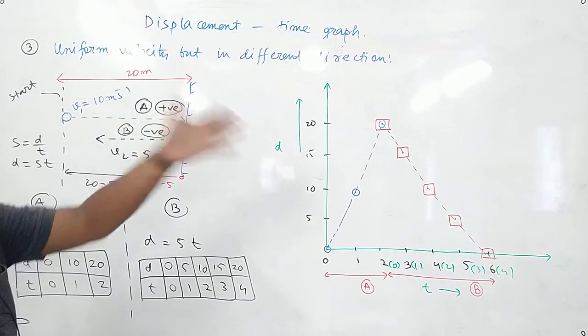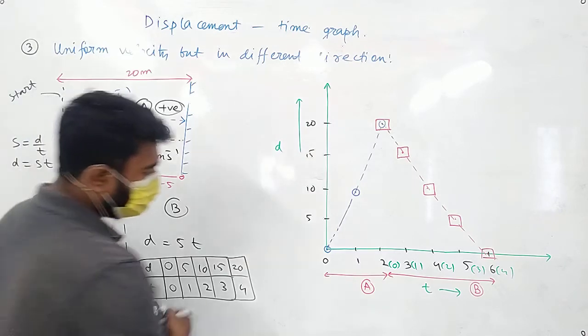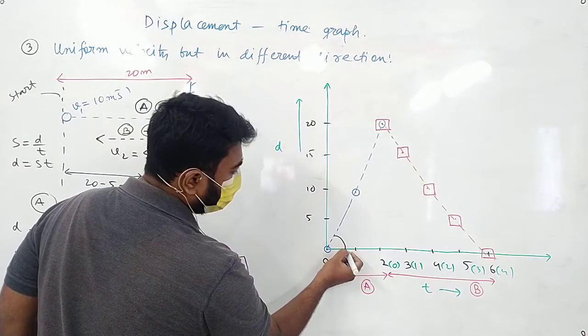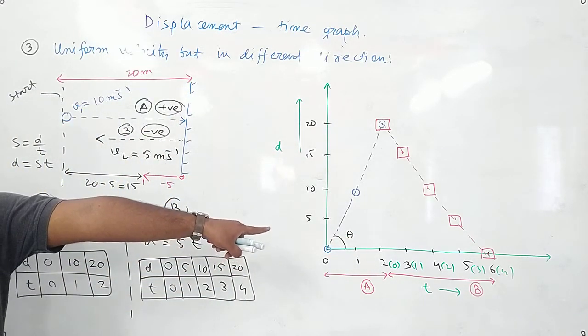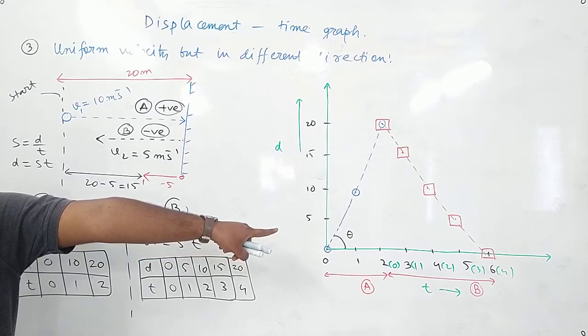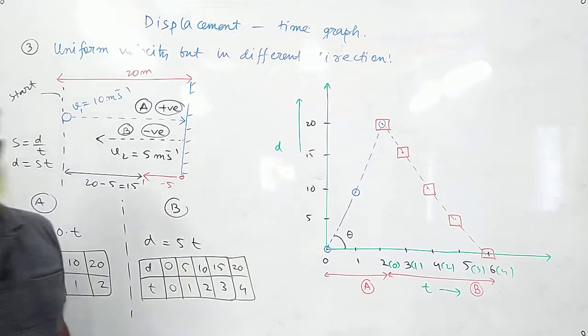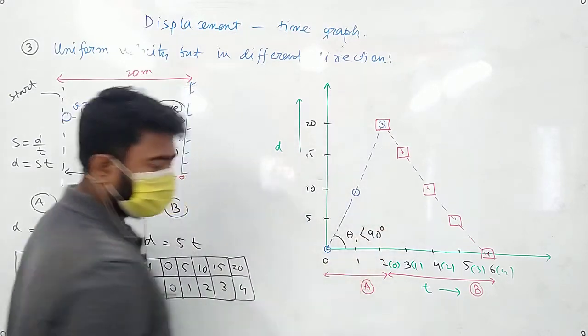Now if the net displacement is 0, then can you tell me the angle that it makes with the time axis is theta, right? Is theta less than 90 degree? Yes. So if I write it as theta 1, since theta 1 is less than 90 degree.